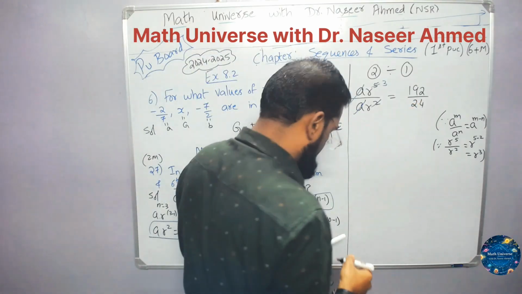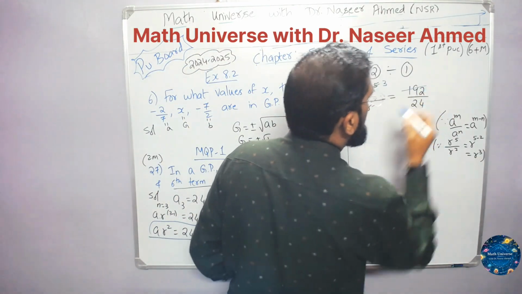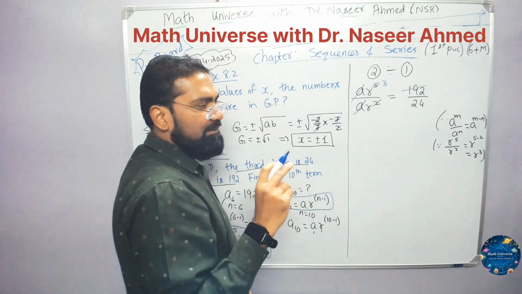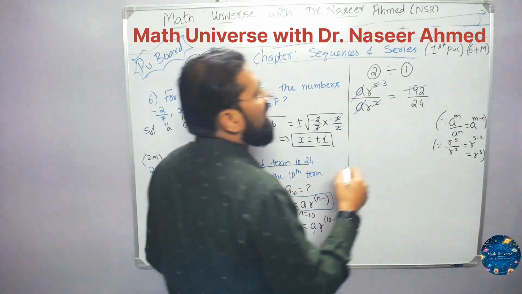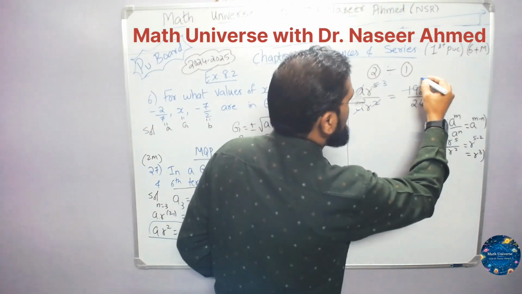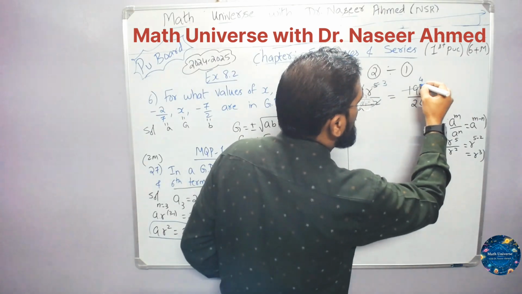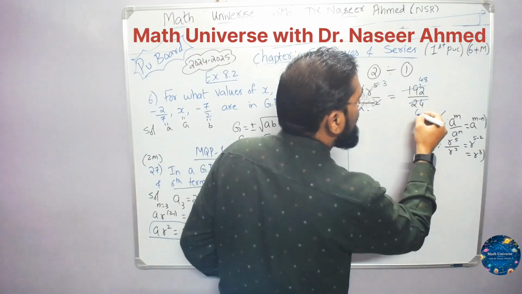Now simplify this. Let's say 2 tables. Okay, I think 4 will be better. When I'm dividing, let us take a bigger number so that the division will be a bit faster. 4 4s are 16, 17, 19. Okay, 3 here. 4 8s are 32, and here 4 6s are 24.